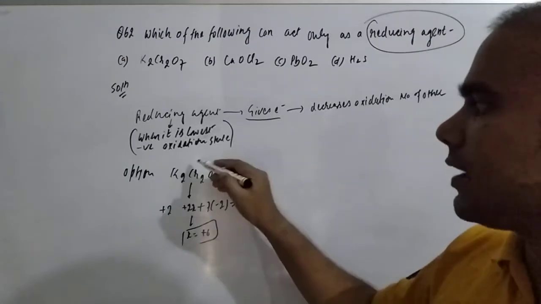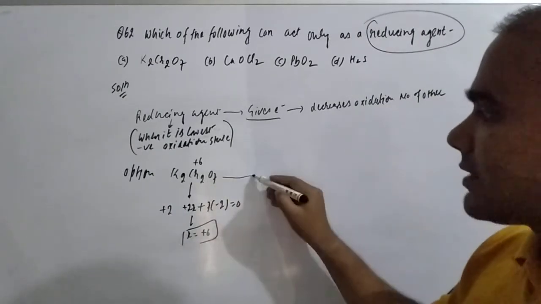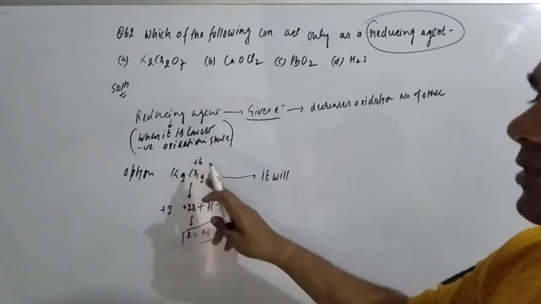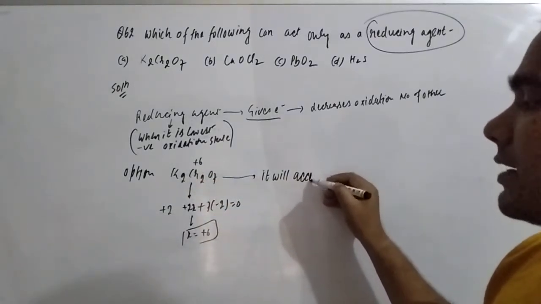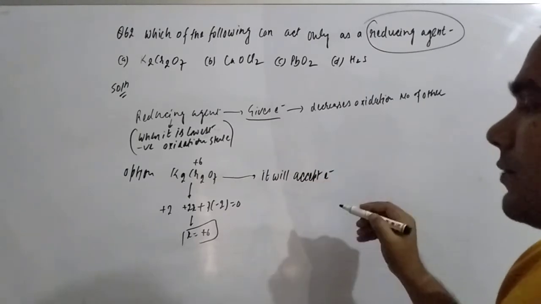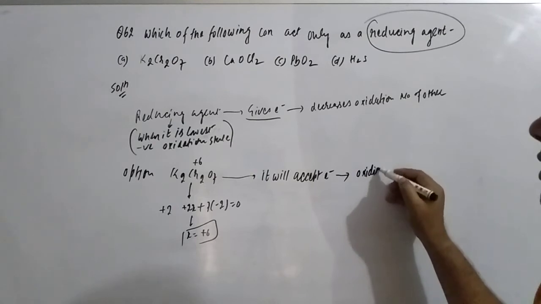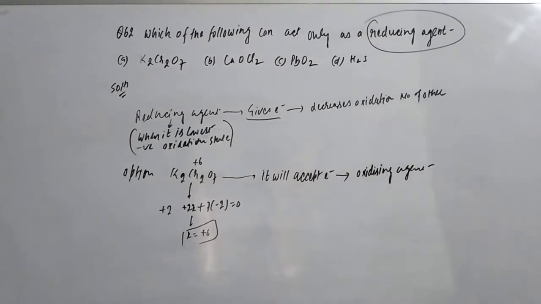So chromium is plus 6, which is positive, so it will accept electrons and cannot give electrons. It is in the highest oxidation state, so it will act as an oxidizing agent. So the first one is the wrong option.